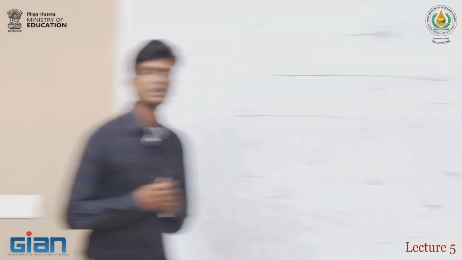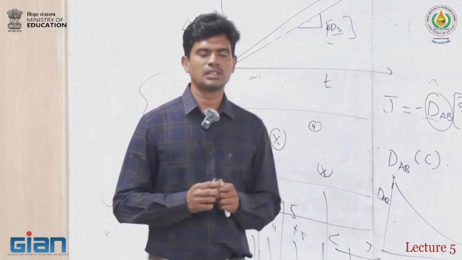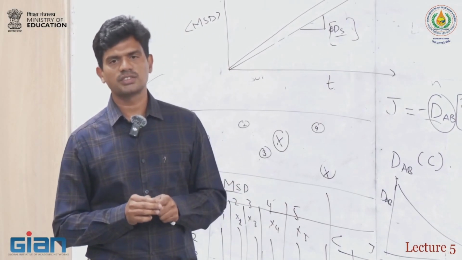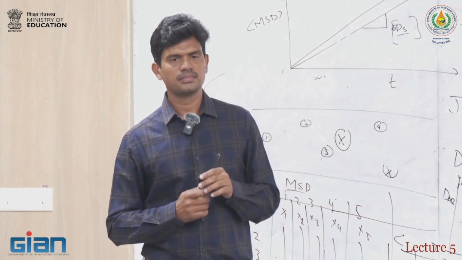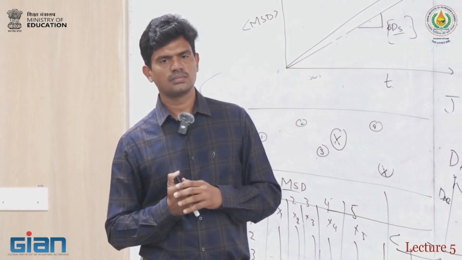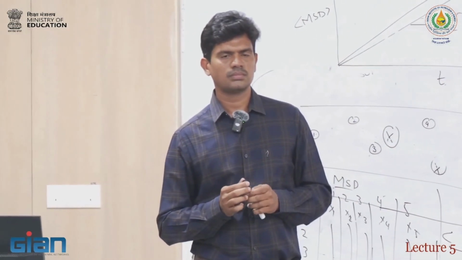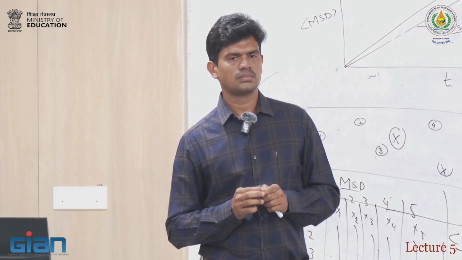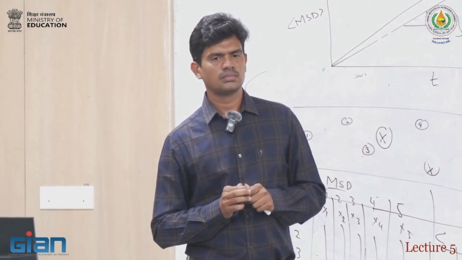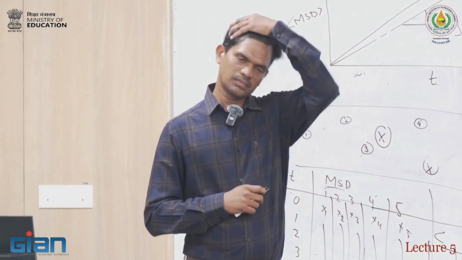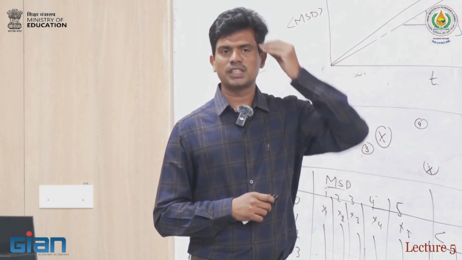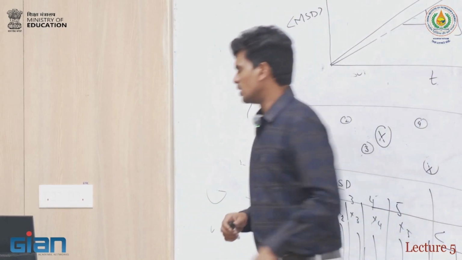About the isosteric heat of adsorption: maybe it depends upon the amount of adsorbed material. I have seen a graph in which the MOF was adsorbing more, but the isosteric heat was very low. What's the reason for that?